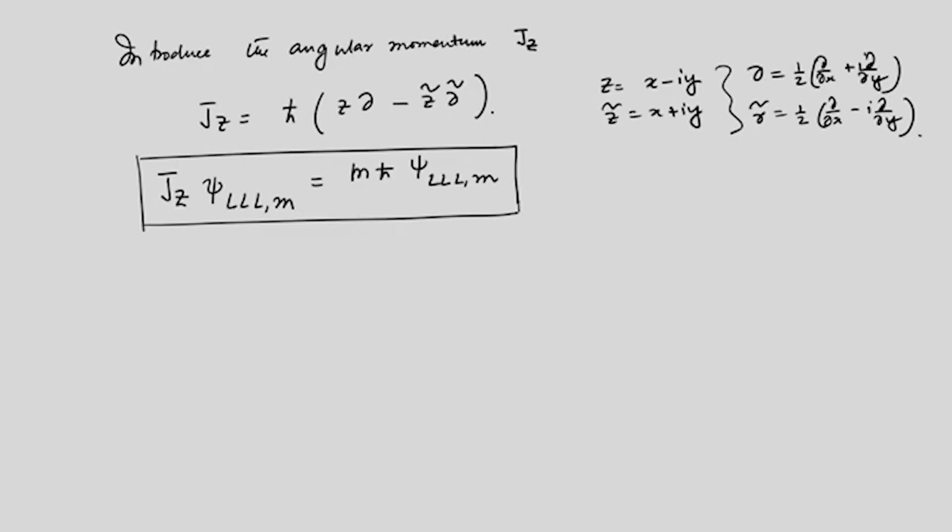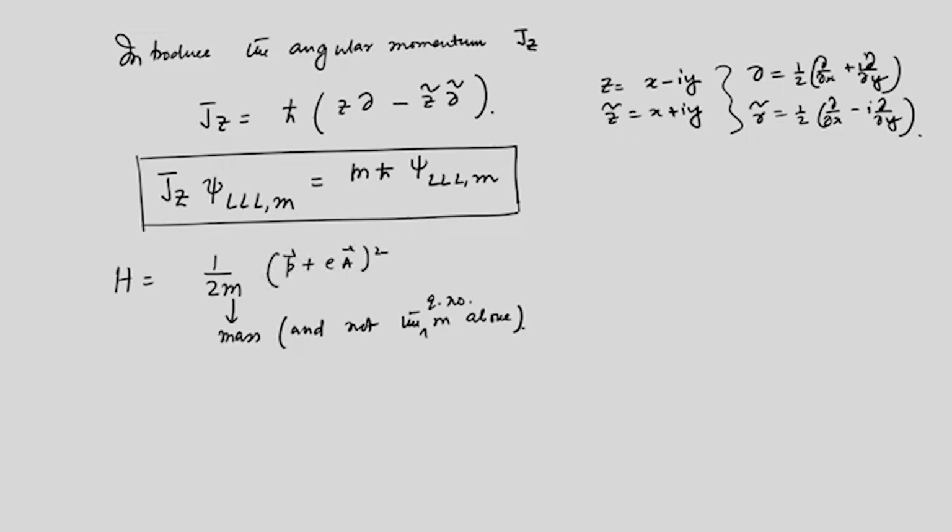Okay. So, you can write down H equal to 1 over 2m, this m being the mass and not the m above, the quantum number. All right. This is equal to (p plus eA) squared and so on, and then I can write it down in terms of all these things.